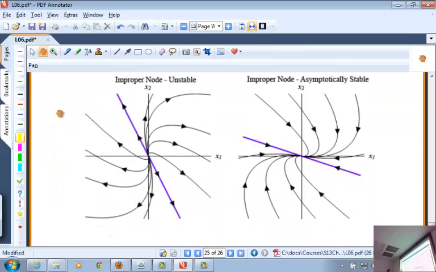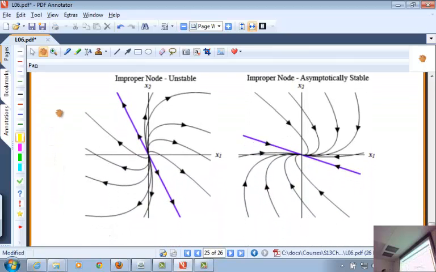This we have not explicitly seen, but I want you to speculate what is happening here. It's called an improper unstable node and an improper asymptotically stable node. What do you think is happening here?